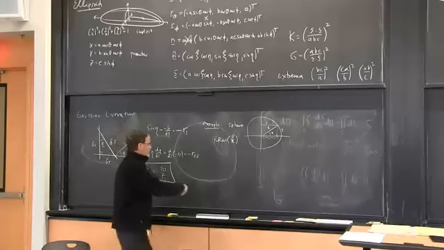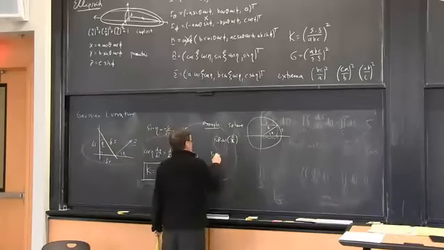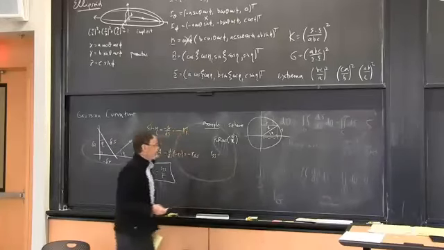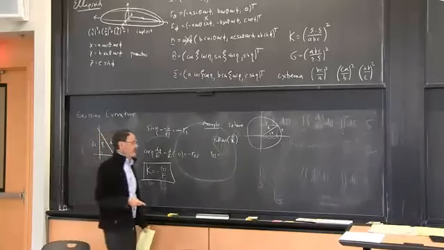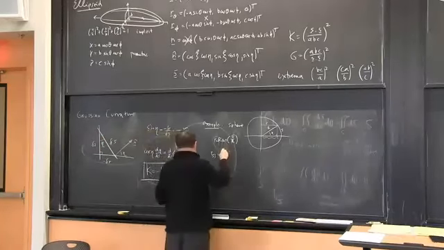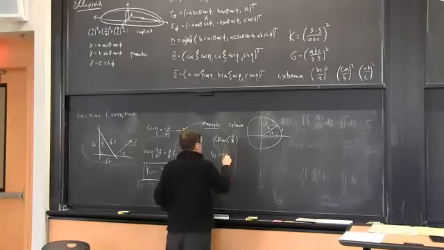The other thing I need is r differentiated twice with respect to s. And of course, if you differentiate cosine twice, you get minus cosine, and then there's an R squared. So we should get 1 over R, minus sine.